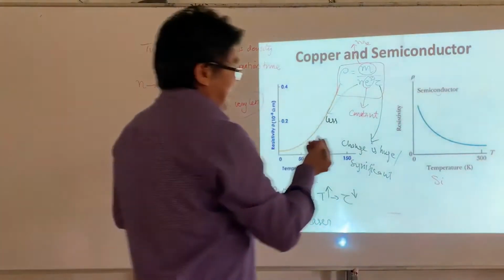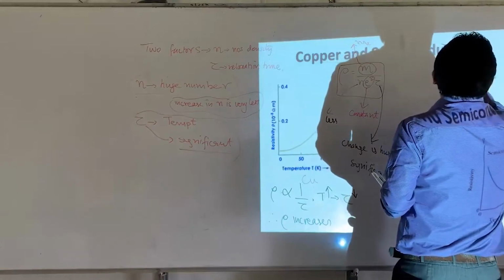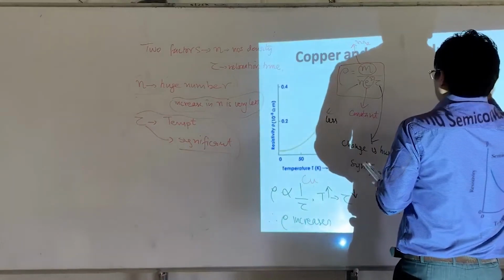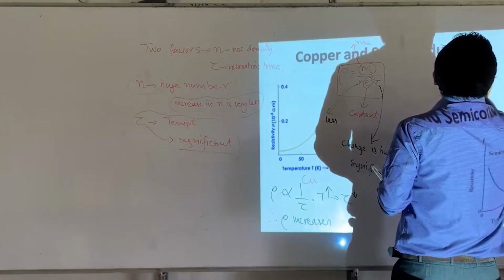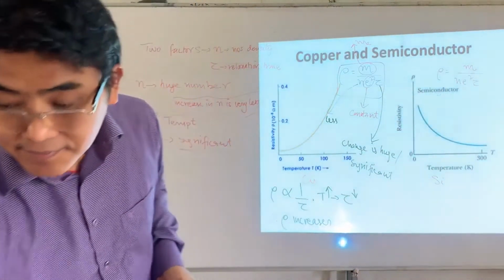Now what about a semiconductor? Again I'm going to write the same formula, with n and tau as the two factors.